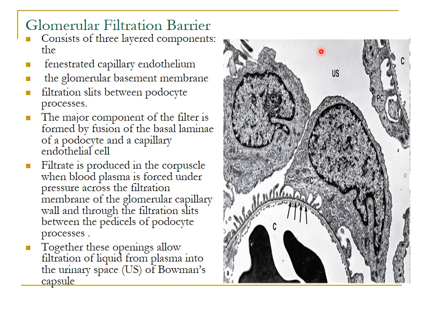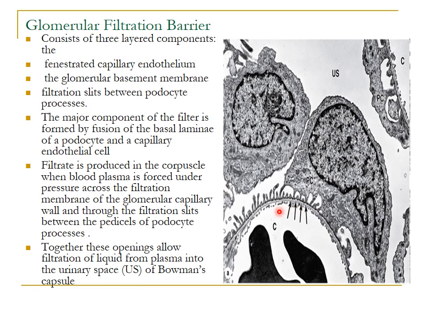So the glomerular filtration barrier consists of three-layered components: the fenestrated capillary endothelium, the glomerular basement membrane, the filtration slits between the podocytes, and the major component of the filter is formed by the fusion of the basal lamina of the podocytes and the capillary endothelial cells.